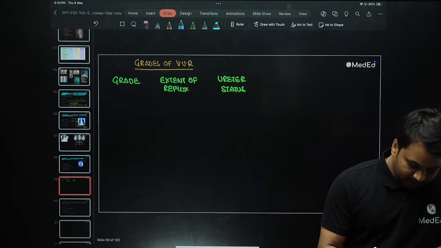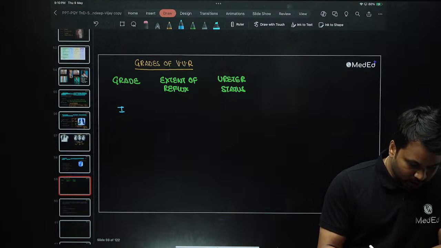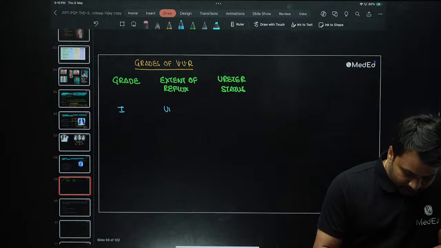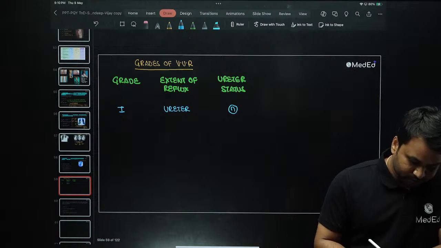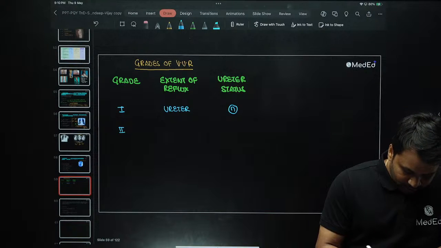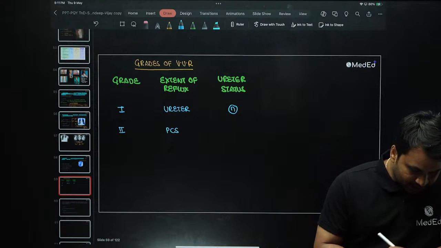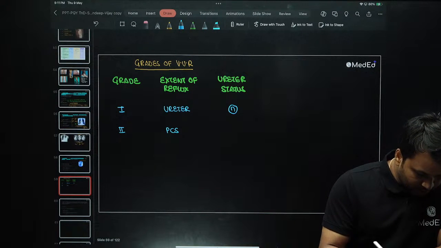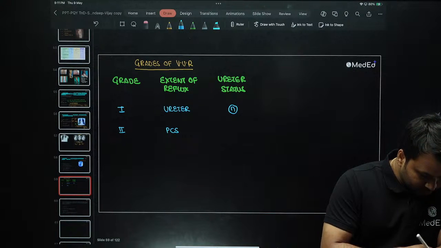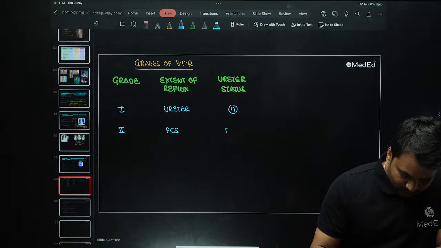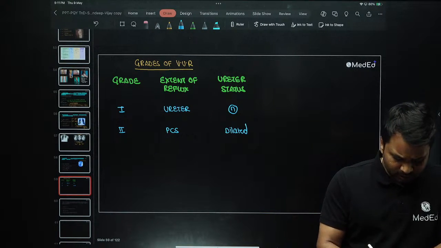When we talk about grade 1 VUR, the reflux is only limited to the ureter and the ureter status is normal. In grade 2, the reflux is all the way to the pelvicalyceal system, but here the ureters are again normal.